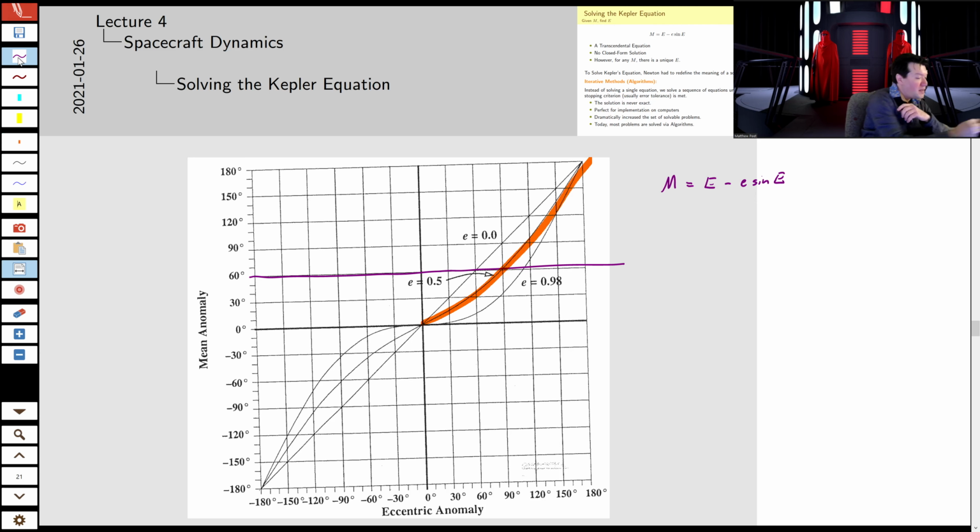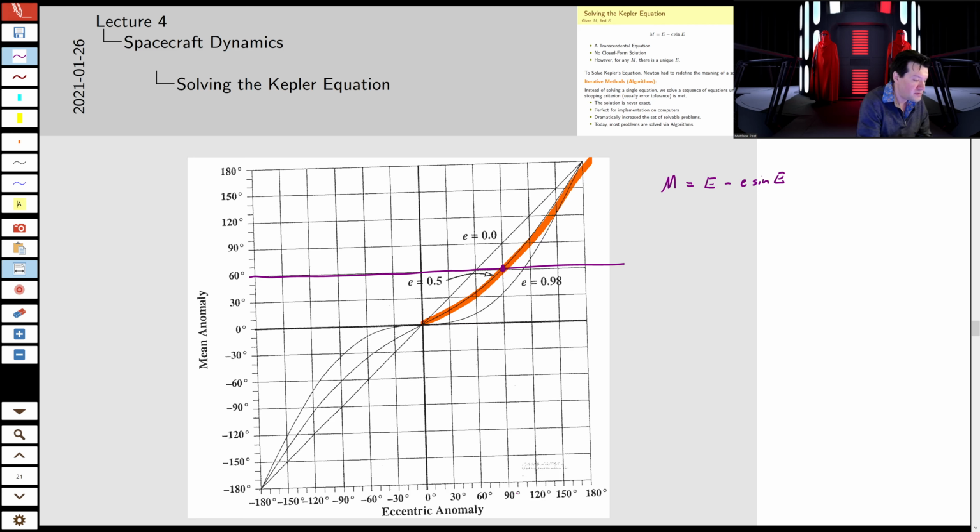So we're given eccentricity, we can plot this line, we can graph it for a given e. So let's say Newton did that, and he wanted to determine what this intersection point was. Where does mean anomaly equal eccentric anomaly?